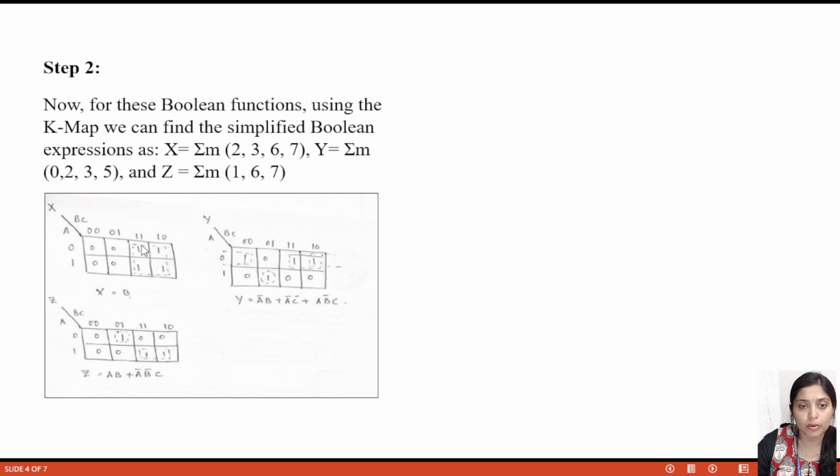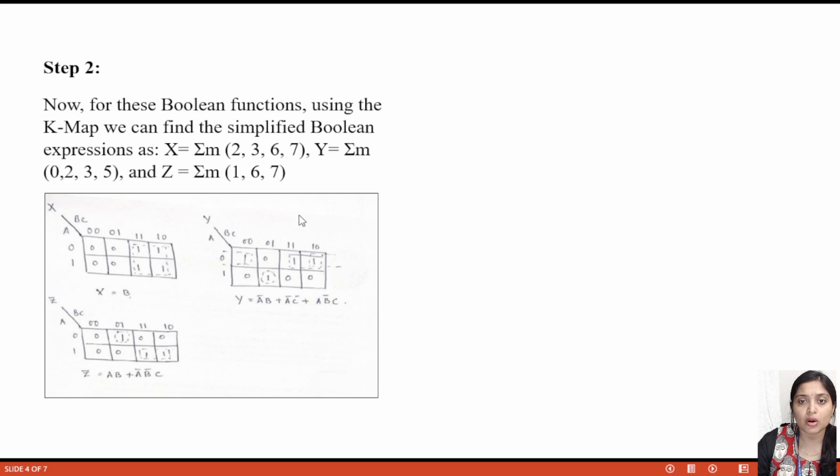Based on the Karnaugh map principle there forms a quad, so x is equal to b. I am not explaining the Karnaugh map again; this is my request, go to the Karnaugh map video, you will understand better.